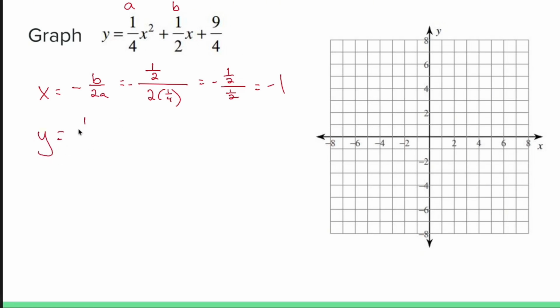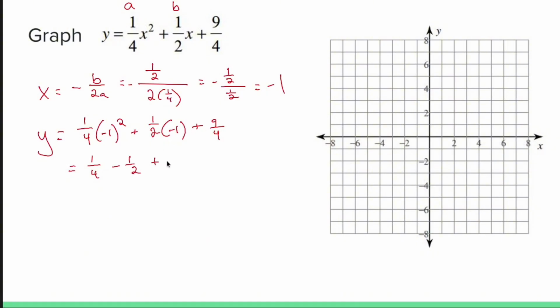So y equals 1/4 times negative 1 squared plus 1/2 times negative 1 plus 9/4. So negative 1 squared is 1, so 1/4. A half times negative 1 is negative a half.